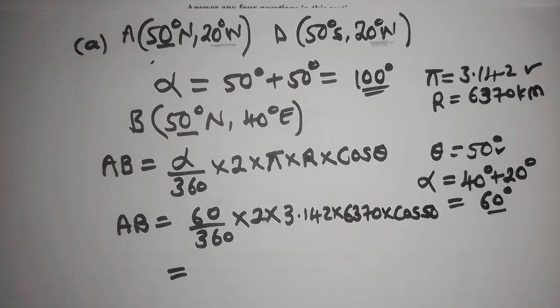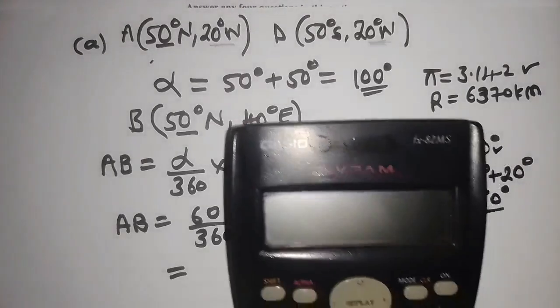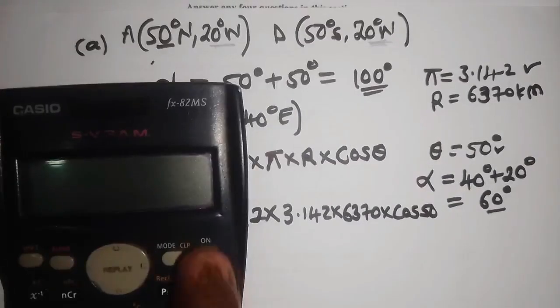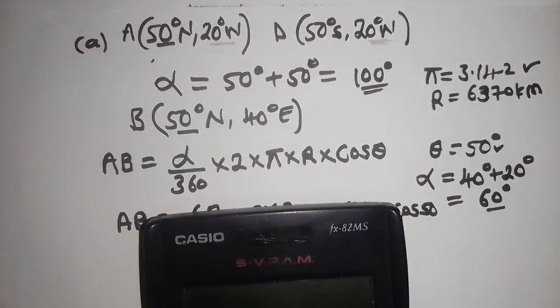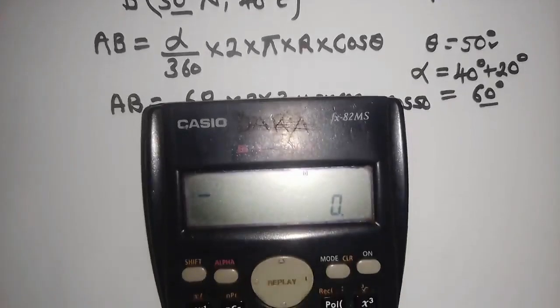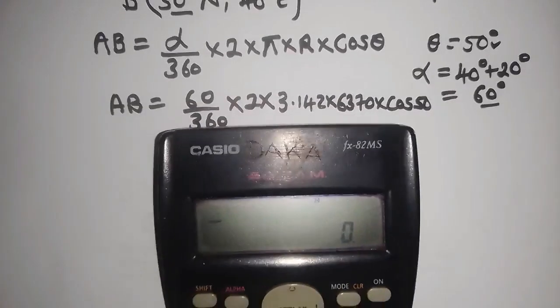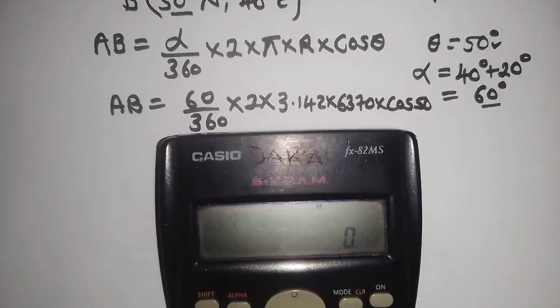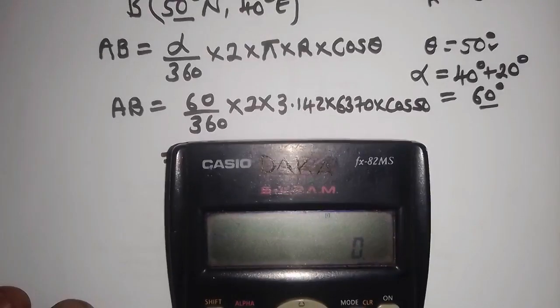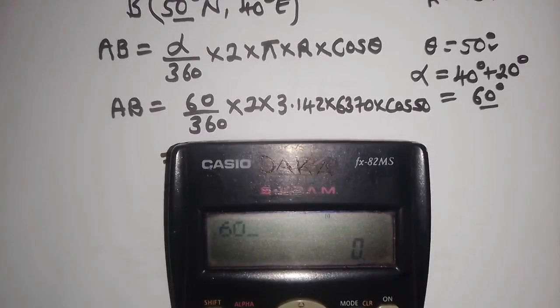Okay, so I want you to understand that when you are punching, you have to be very careful. First of all, you start with what is on top, 60, so 60 multiplied by 2 multiplied by 3.142.